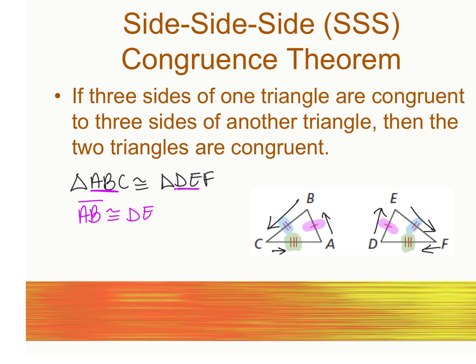And then I have BC is congruent to EF. Here's BC, here's EF. And then last, I'm going to have CA is congruent to DF. Keep in mind, yes, you can switch the order of the letters as long as the two vertices are together on that one side.